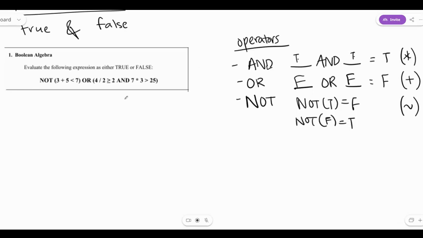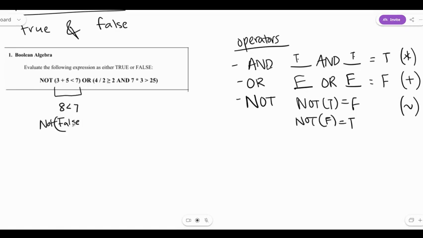Okay, now let's look at this problem on the left. Let's look at the stuff in the parentheses first. We have 3 plus 5 is less than 7. So this is 8 is less than 7, and we know that this is false. So we can write that into our expression.